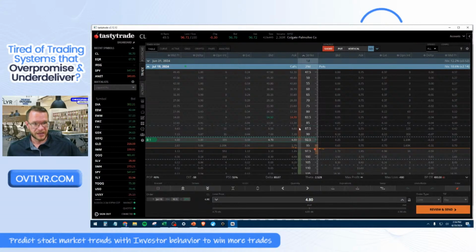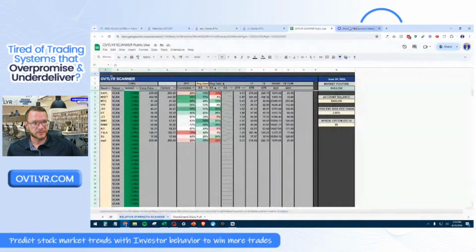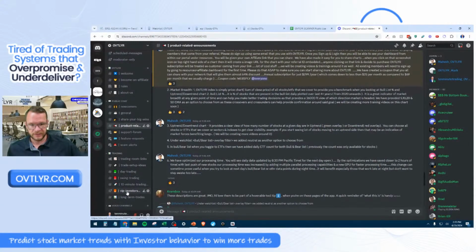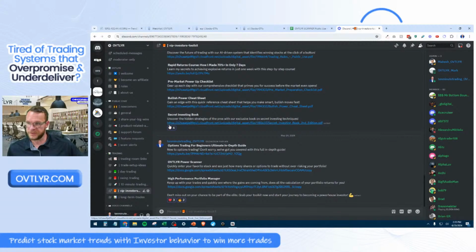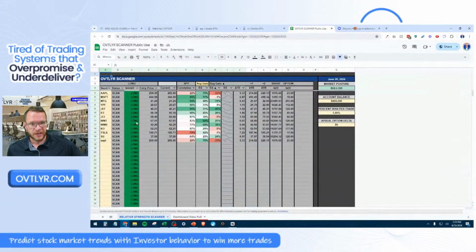CL, July 19th, 92.5 calls, and get your position size. The way that I highly encourage you to get your position size is going to VIP Investors Toolkit, download the power scanner right here, and it's going to look exactly like this. Fill in your account balance, your risk that you want, all that stuff. And then it should just be a simple type in, and it'll tell you an appropriate position size.